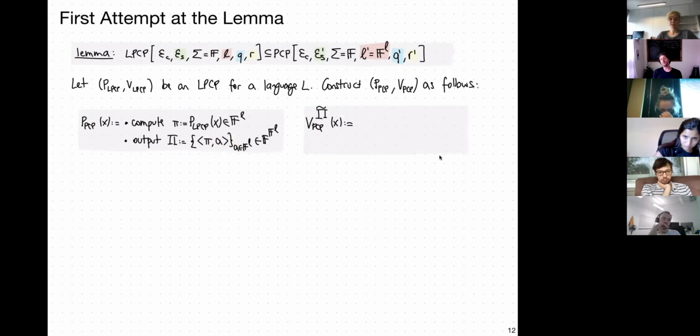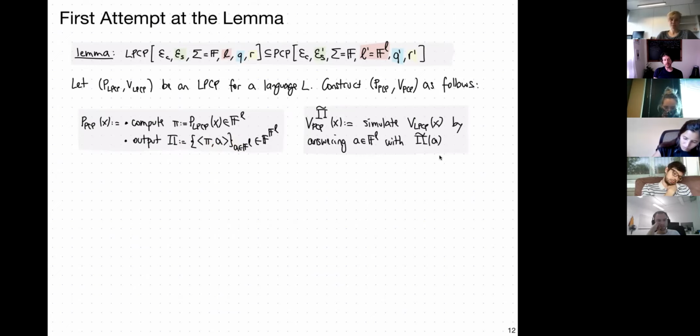In other words, take your proof for the linear PCP and encode it with the Hadamard code. Take this pi and literally write down an exponential list of all inner products of pi with all possible vectors in F^m. So this is an exponential blowup.